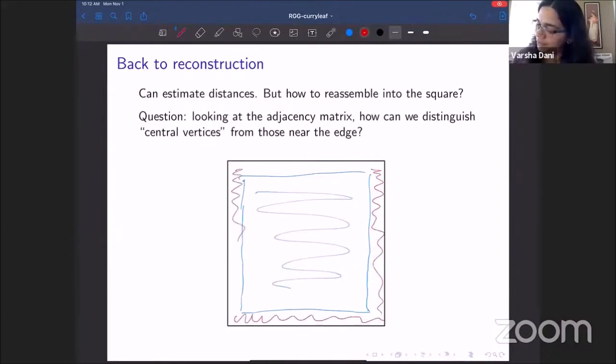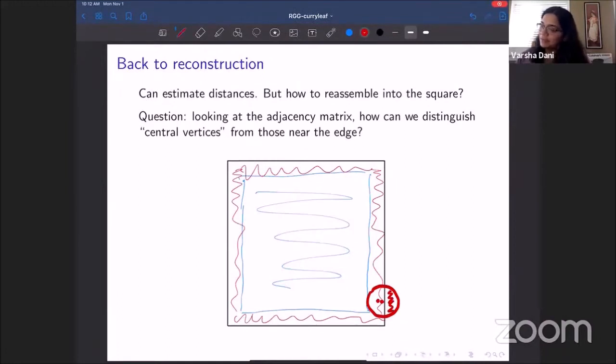Well, I kind of gave that away already, because what is the property of this edge region that we don't like? Well, if you take a point there and you take the ball around it, part of that ball is outside the square.